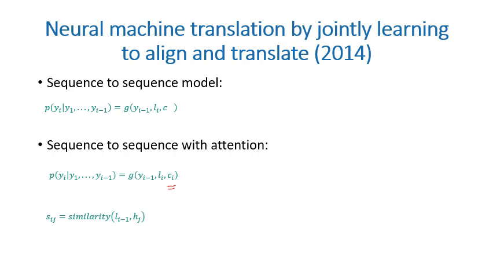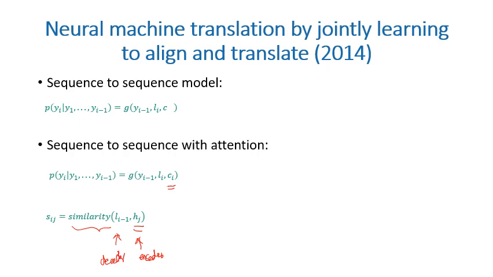What has been introduced in this paper is a similarity function which computes the similarity between all hidden spaces of the encoder and the previous hidden space of the decoder.